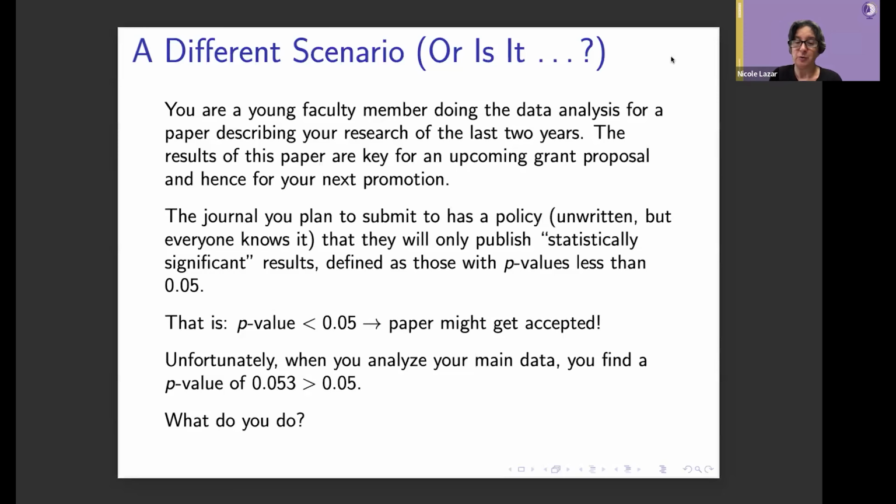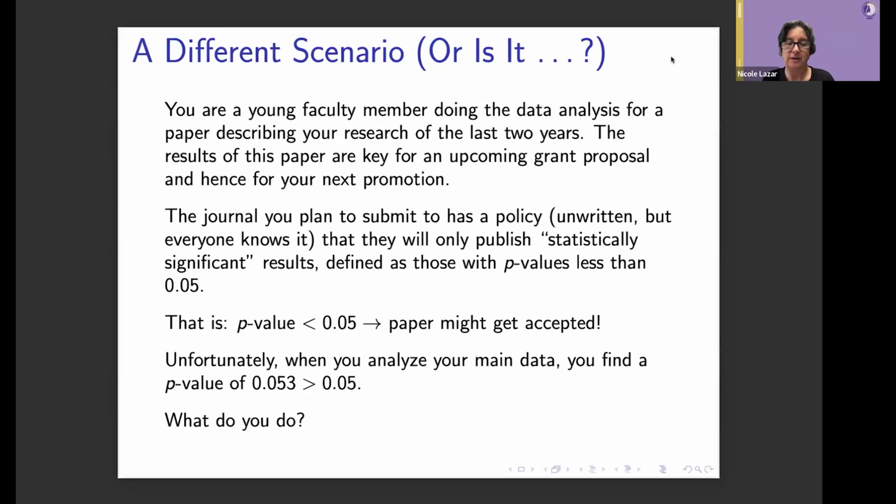Now, you're planning to submit to a particular journal that has a policy that may be written, may be unwritten, but even if it's unwritten, everybody sort of knows that this is the game, that they will only publish so-called statistically significant results. And those are defined, again, whether formally as part of the journal's editorial process or informally through the grapevine that everybody knows that this is what you need to have.